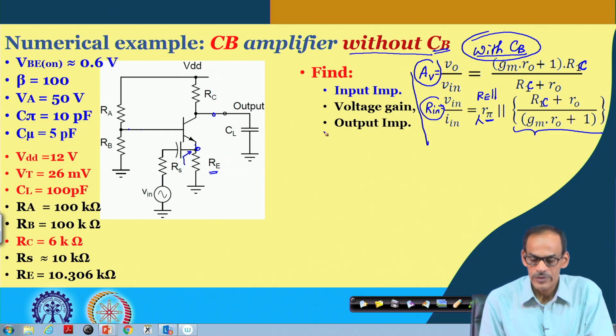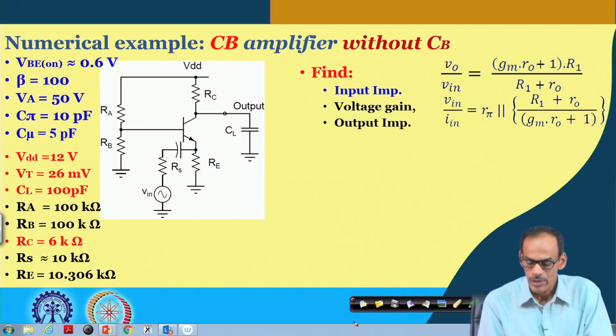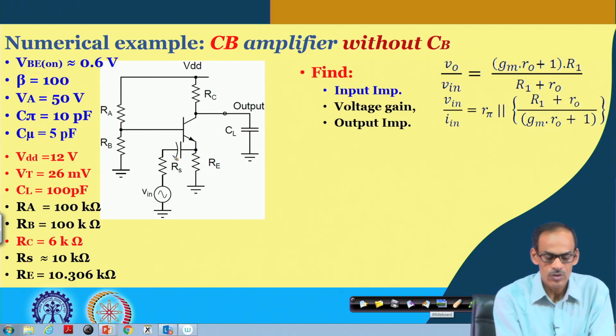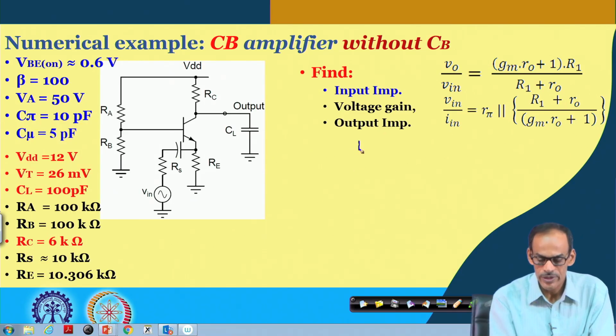Now, let me draw the small signal equivalent circuit of the main amplifier and try to explain what kind of effects there are. So, this is Rc connected to AC ground.